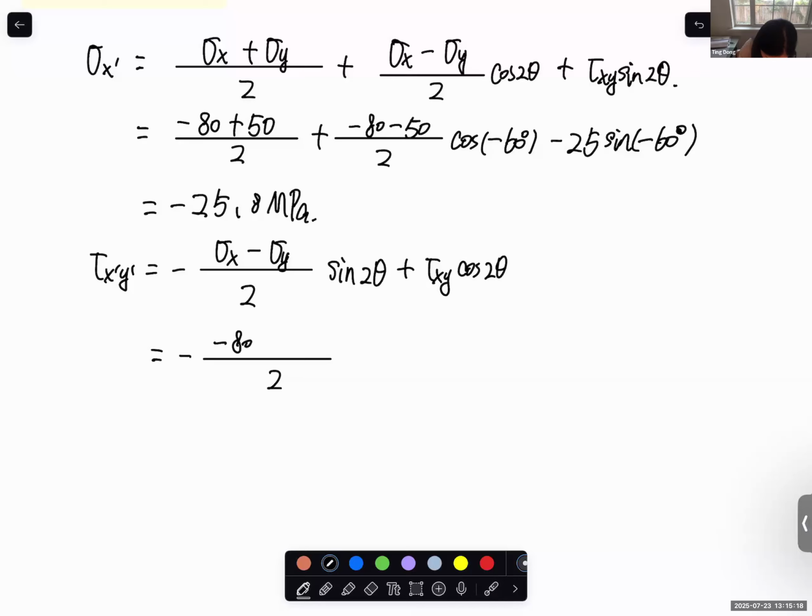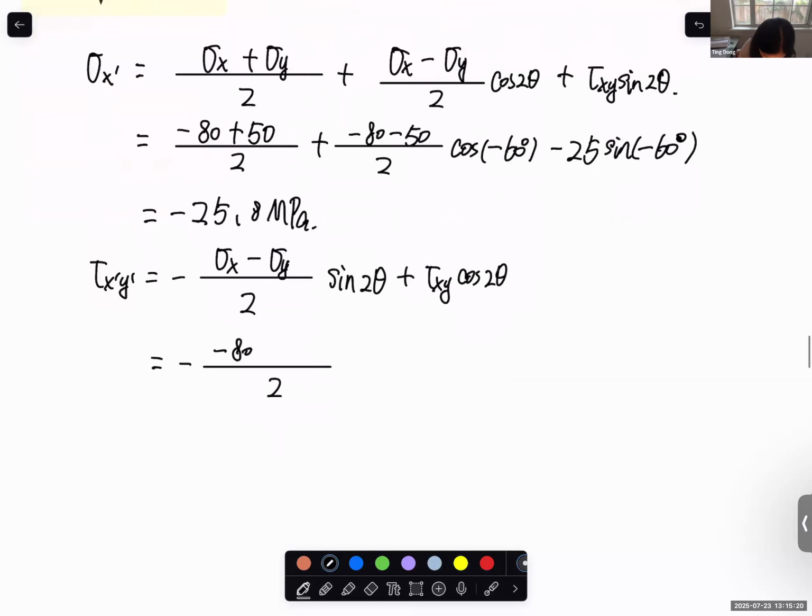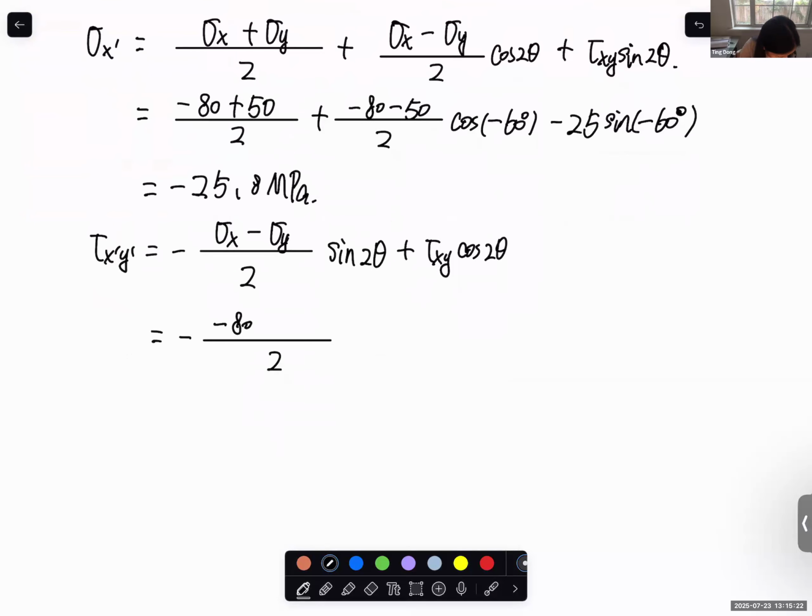Negative 80 minus 50 sine negative 60 minus shear stress 25 cosine.